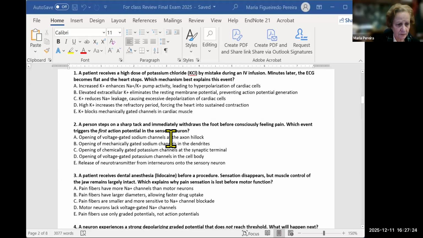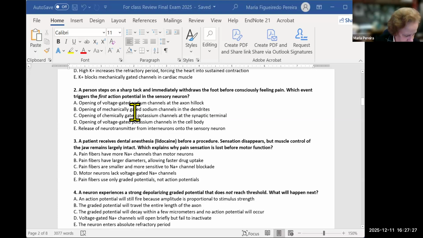Okay, let's go on. A person steps on a sharp tack and immediately withdraws the foot before consciously feeling pain. Which event triggers the first action potential in the sensory neuron? Is it opening of voltage-gated sodium channels? Is it opening of mechanically gated sodium channels? Yes, because you're making pressure on the foot.